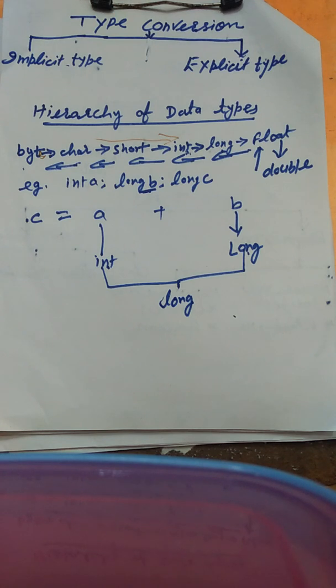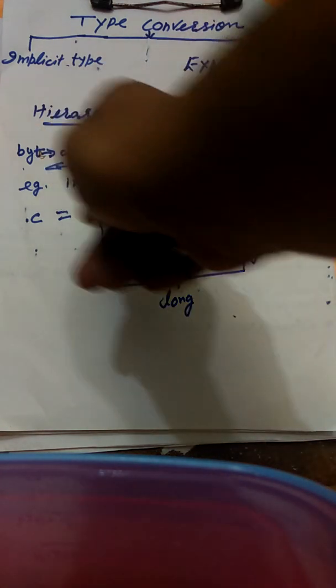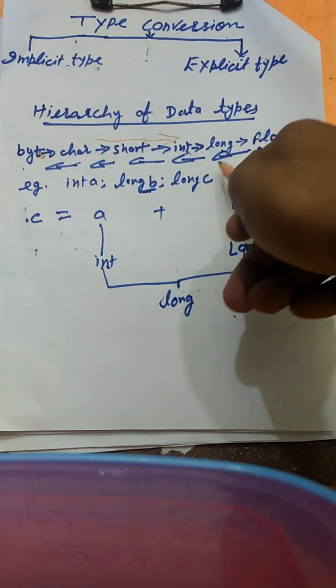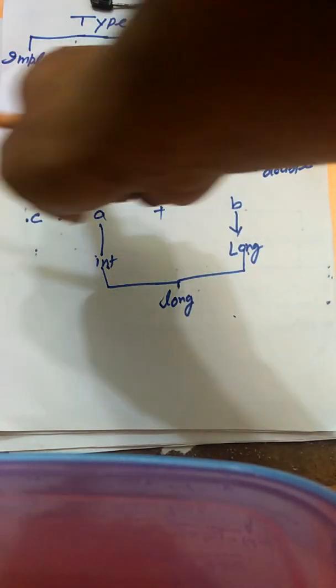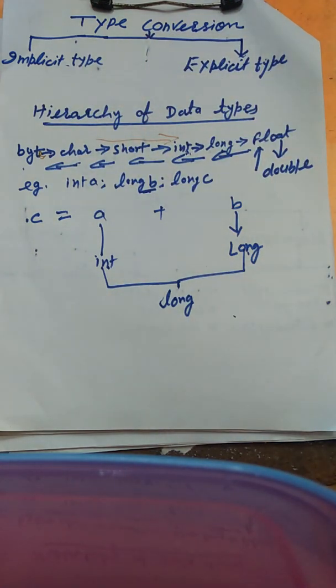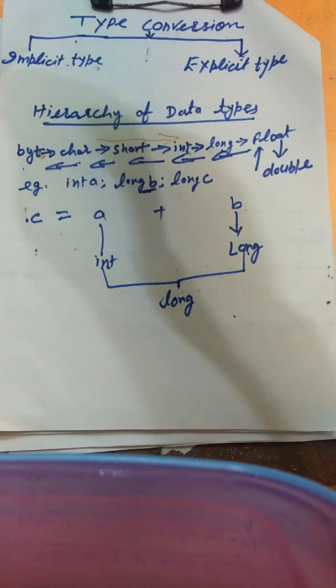Double is the maximum unit of the data types. Don't look at this arrow; this is the arrow for explicit. So this is the increasing order of the data types. That is called implicit type.